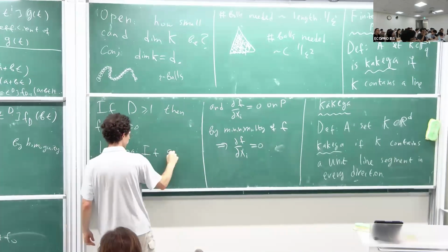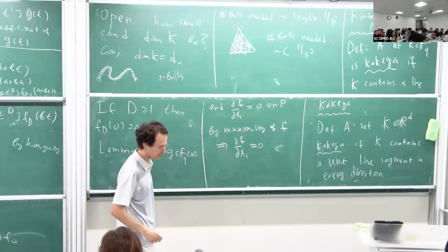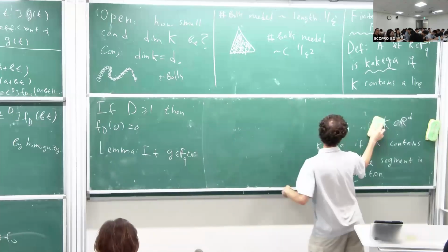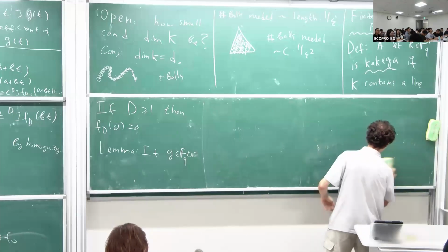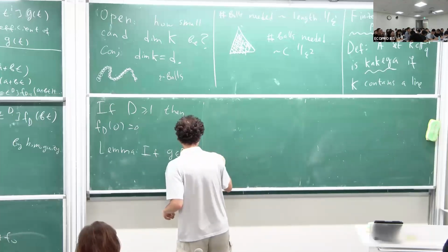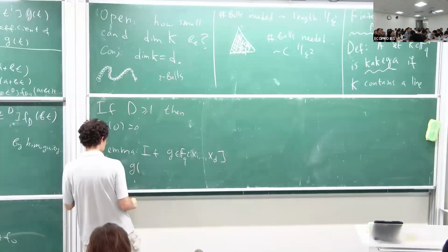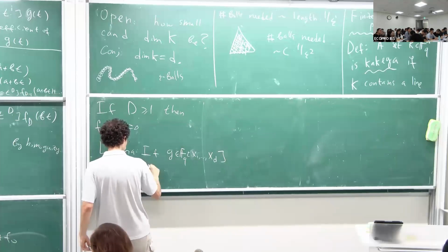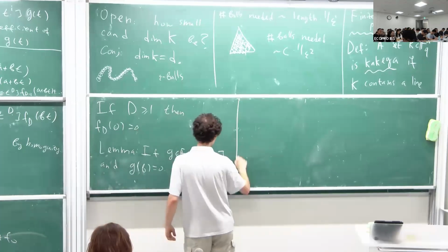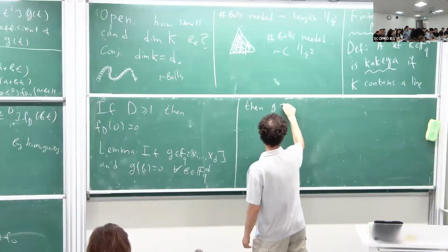If I have G, and G of b is 0 for all b in F_q to the d, then G is 0.